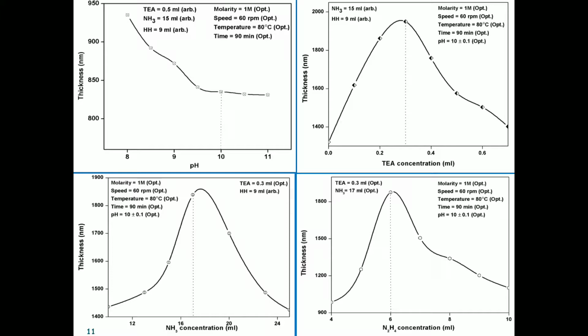Hydrazine hydrate was kept at its arbitrary value of 9 ml, and ammonia was varied from 10 ml to 25 ml, and the films were obtained.